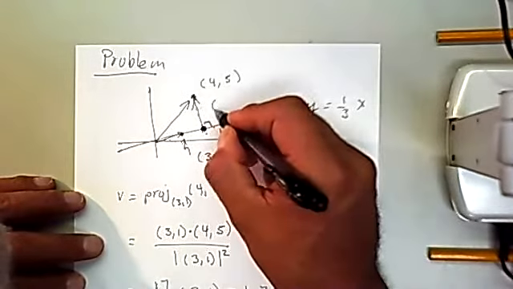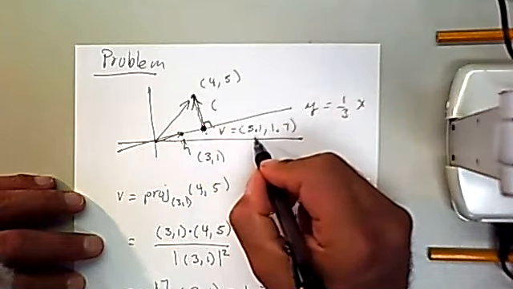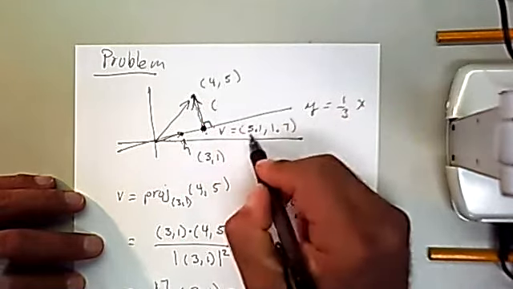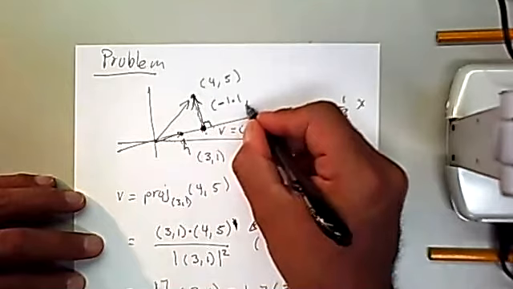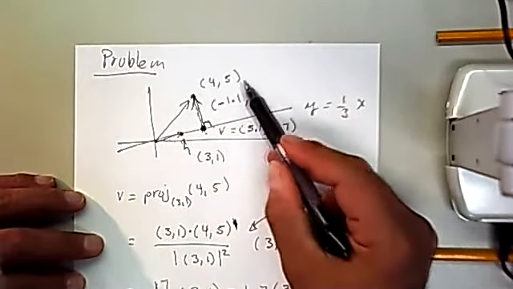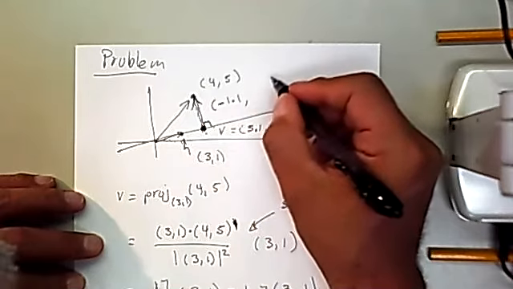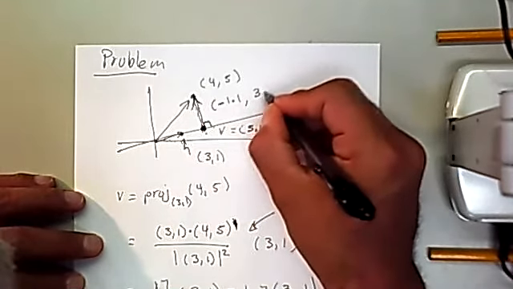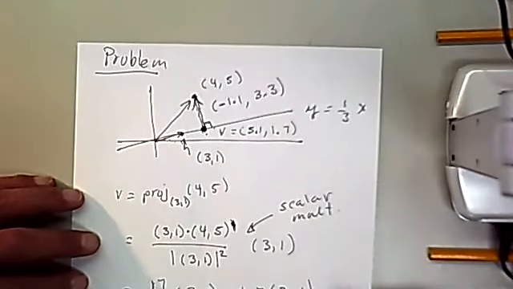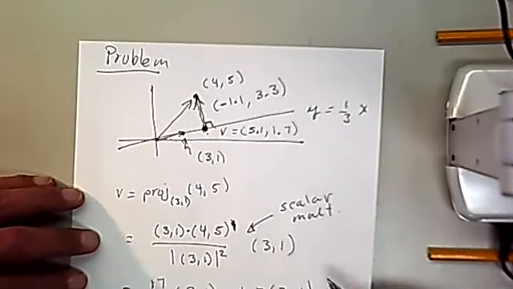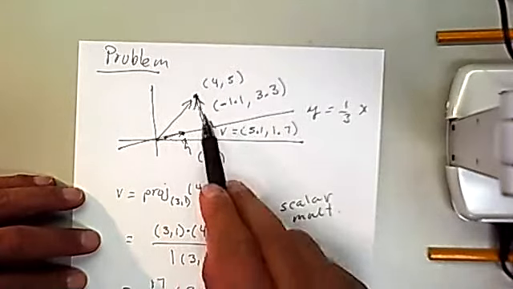So this vector is the vector 4 minus 5.1, so negative 1.1. So it goes to the left and then up. 5 minus 1.7 is 3.3. Please double check my numbers. I just did this. Yep. So now we have two vectors whose sum is (4, 5).